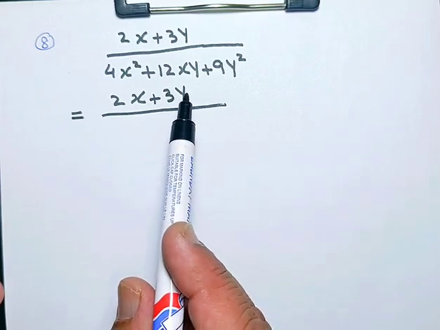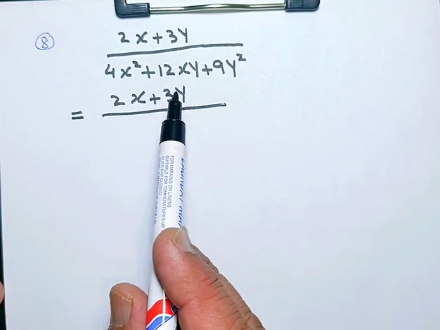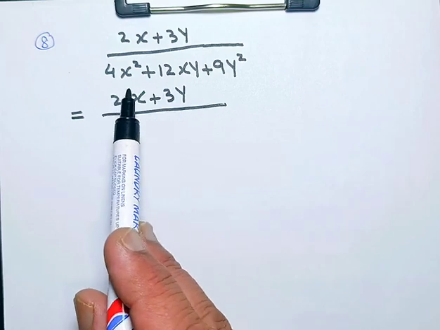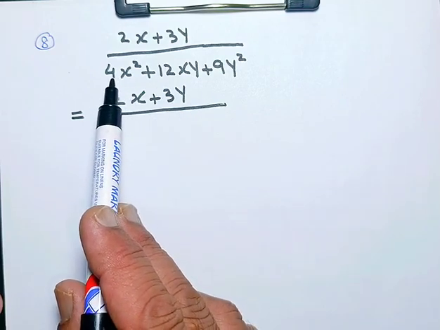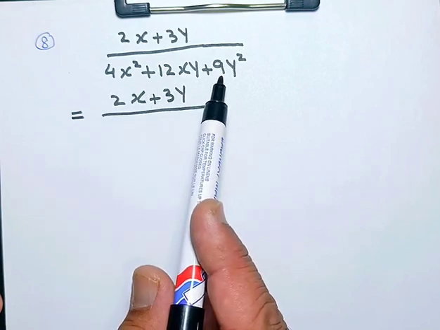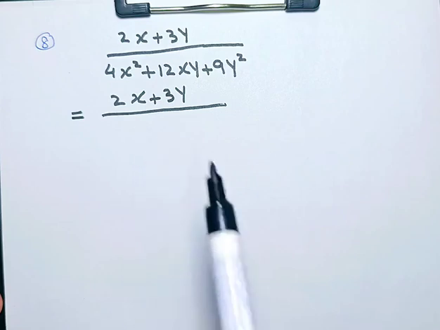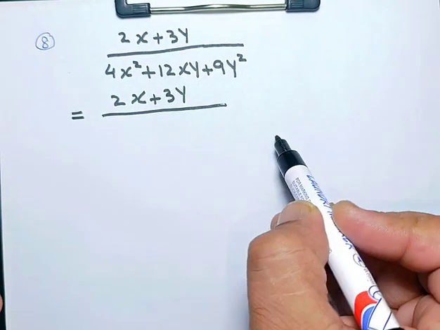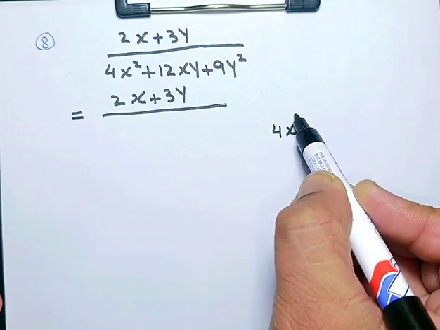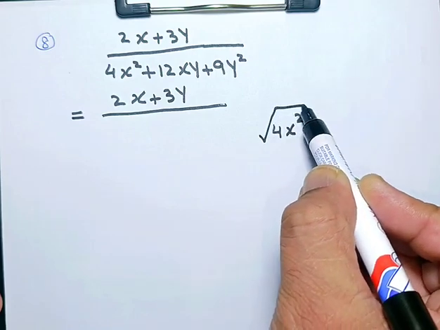So this is a trinomial. I need to see if it is a perfect trinomial or a simple one. I can see the first term is a perfect square and the last term is also a perfect square. Have a look, maybe this is a perfect square trinomial. So 4x squared, I'm going to take the root.